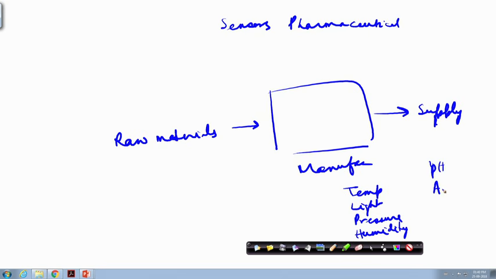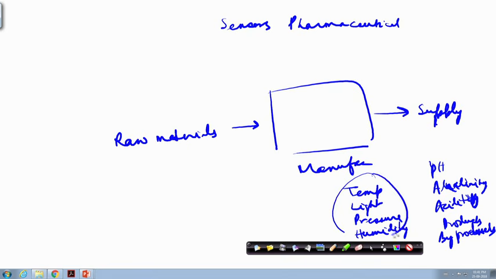So, you could have the pH sensors detect the alkalinity or the acidity of the different products or the byproducts in the chemical reaction and the transformation process, right. So, these are some of these different sensors that could be used.